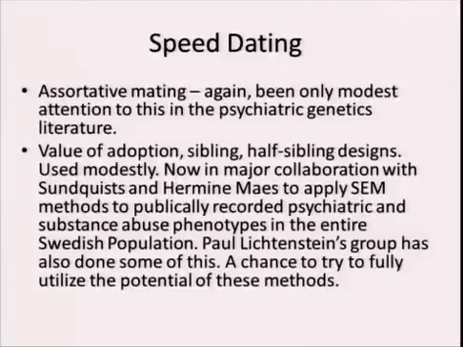Adoption, sibling, and half-sibling designs Lindon wrote about, and I'm pleased to say that now several of us, I think Paul Lichtenstein is here, we've been working with the Sundquists, as these large Scandinavian population registries have become available. The chances of working with not only literally millions of sibling pairs, but hundreds of thousands of half-sib pairs have opened up the opportunity to go back to some of these. They were really very difficult designs to implement before, although theoretically having a great deal of power.